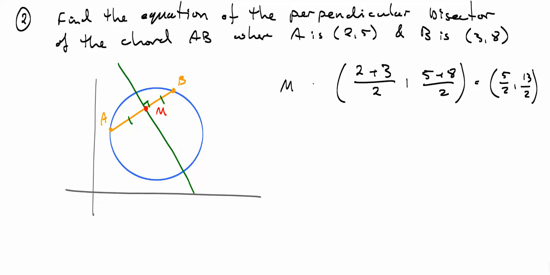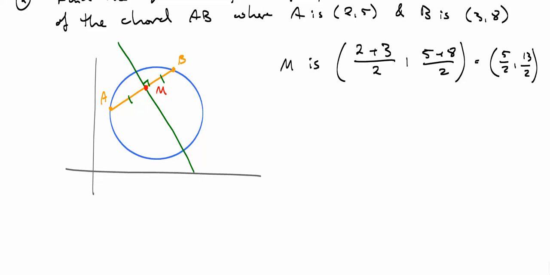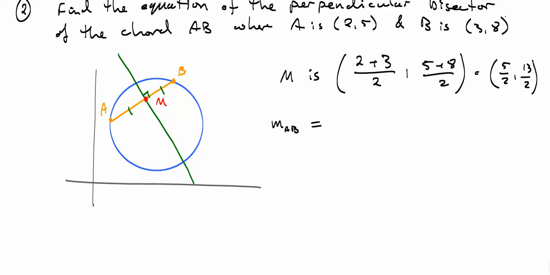Right, M is there. And the gradient of AB, mAB, is equal to the difference in the y-coordinates, 8 minus 5, over the difference in the x-coordinates, 3 minus 2, which is 3 over 1, which is 3.